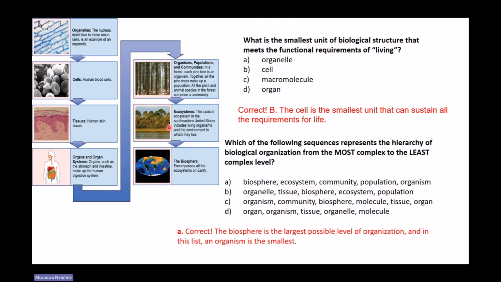Which is correct. The biosphere is the largest possible level of organization, and in the list, the organelle is the smallest. And by the way, I forgot to say this, this is based on this diagram.